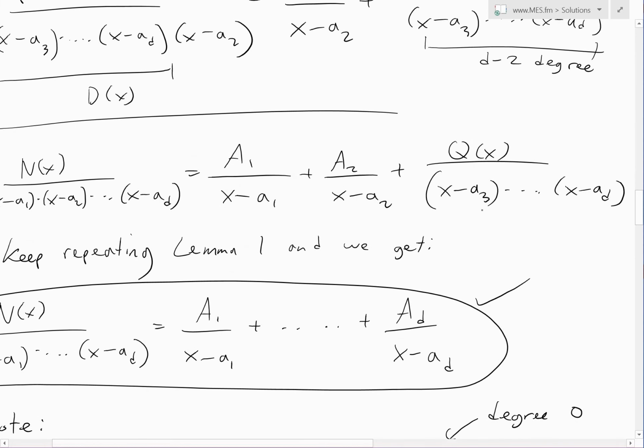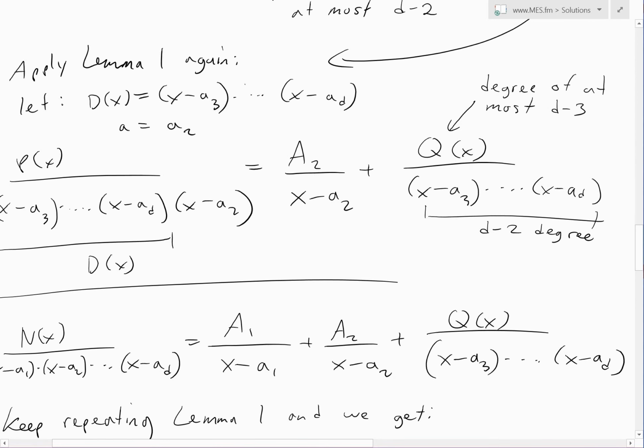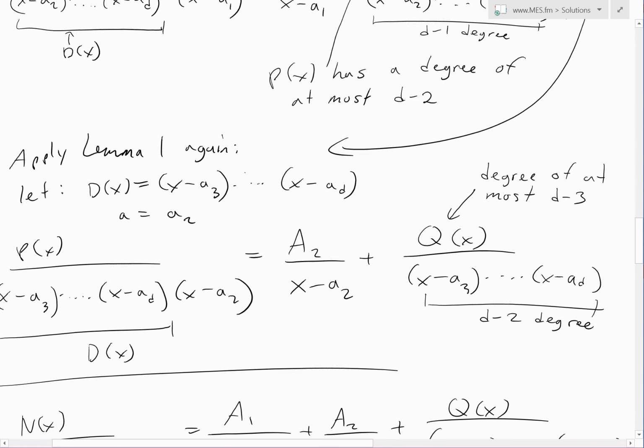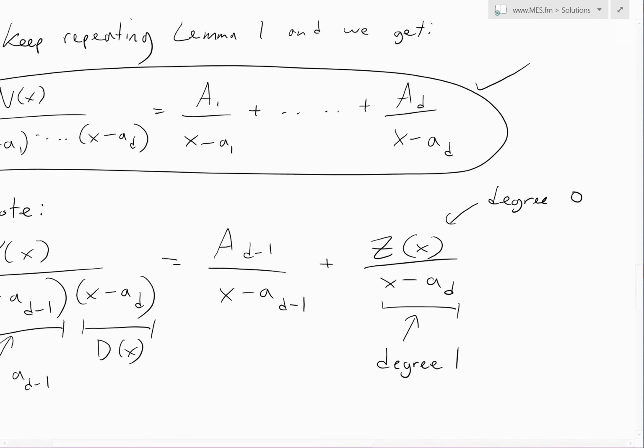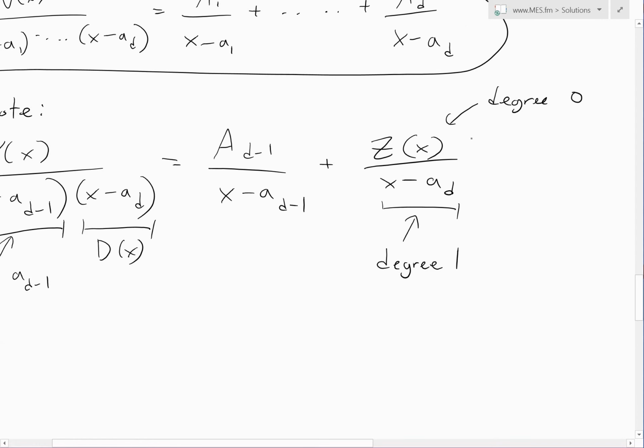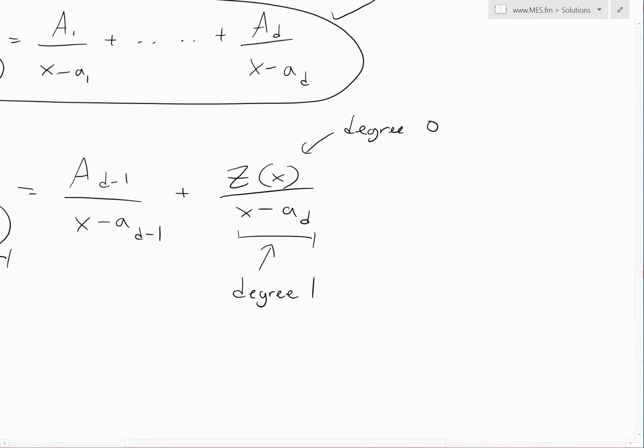Exactly like how this is degree d minus 2, so this has to be d minus 3. If this is degree d minus 1, this p of x has to be degree d minus 2. So it's always one less at max. So if this is degree 0, what this means is this is just a coefficient. For example, any number, let's say 3, that's a degree of 0.